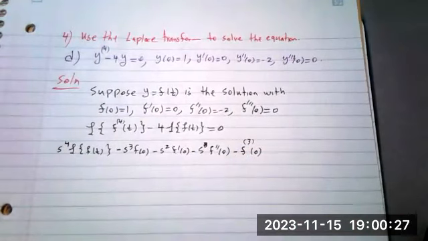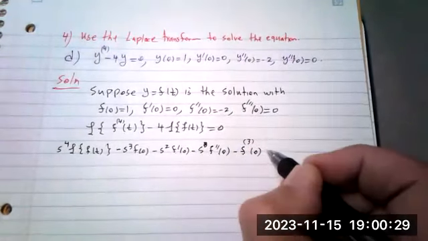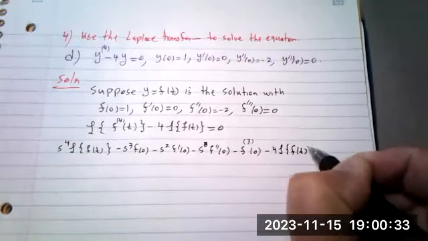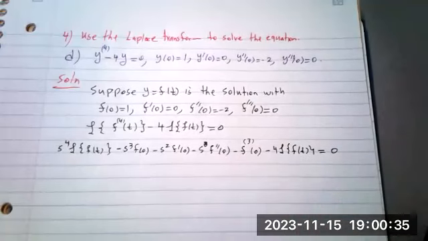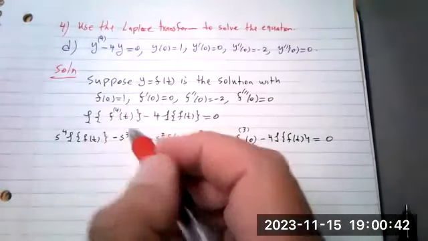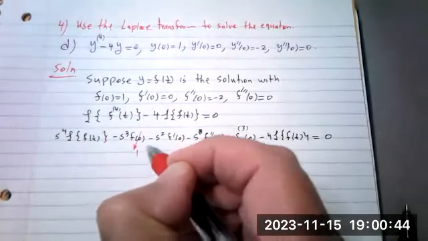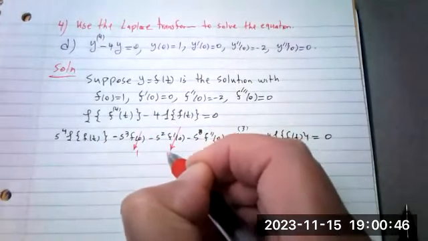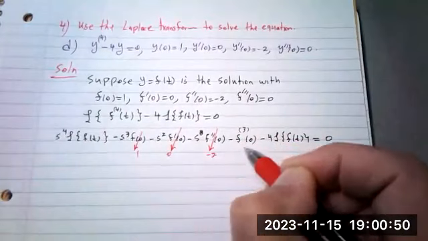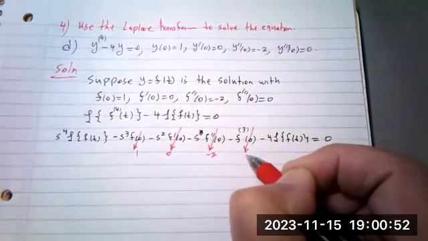That's one part, but we have minus 4 Laplace of f of t equal to 0. Apply the initial conditions and then simplify. So what do we have? f of 0 is 1, f prime is 0, f double prime is -2, and f triple prime is 0.